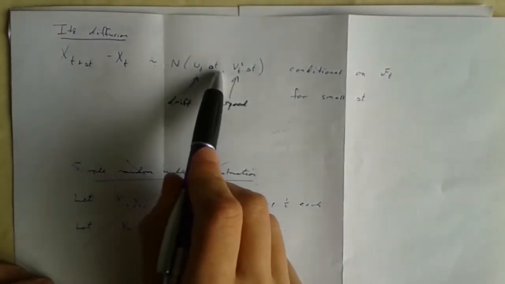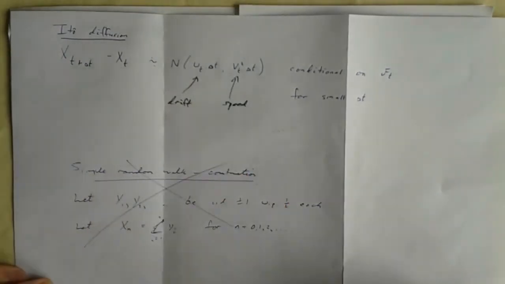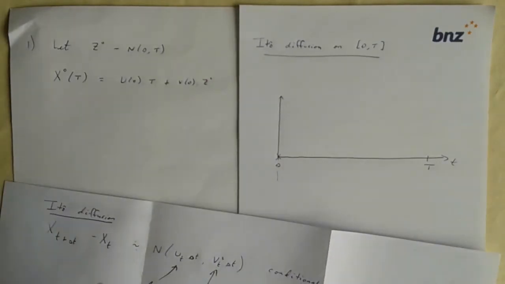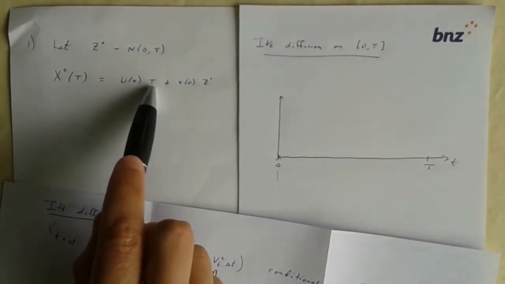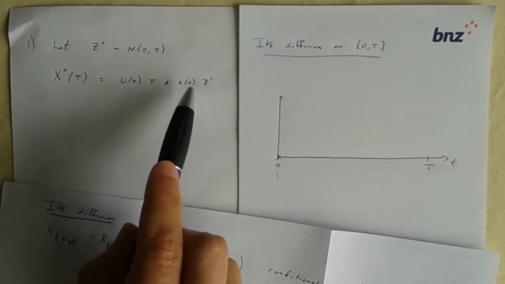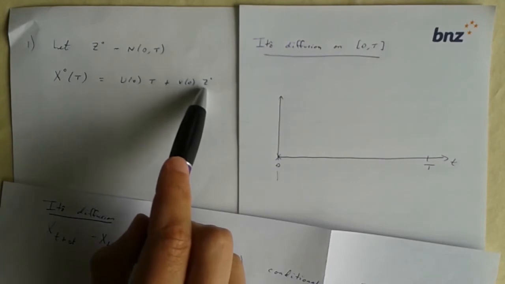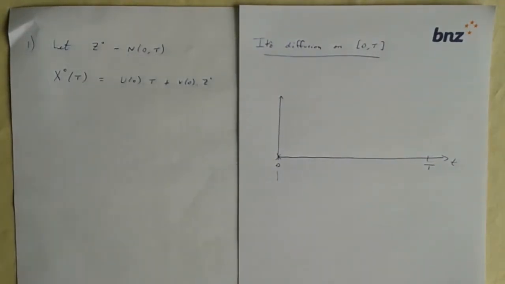The mean of the increment is supposed to be proportional to delta t, and the variance is supposed to be proportional to delta t as well. So I've made my mean proportional to delta t, the constant being the value of u, and the variance proportional to delta t as well. I've got that to happen by putting the t in there. So delta t is all of capital T in this one-step approach.